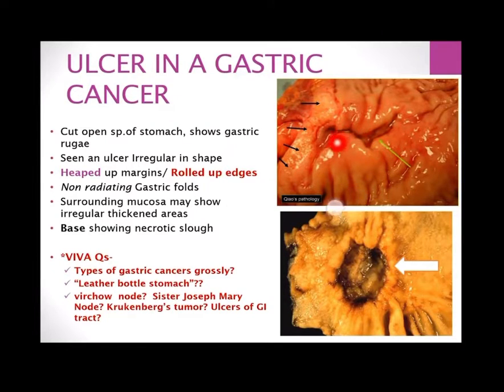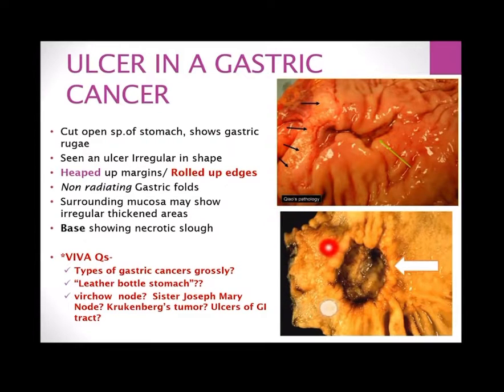So we can see there are thickened margins, so rolled out margins. And the important point is that the gastric folds are not radiating like they were radiating in case of peptic ulcer. So these are non-radiating gastric rugae, and because of this we can make a provisional diagnosis that it is an ulcer in case of gastric carcinoma.